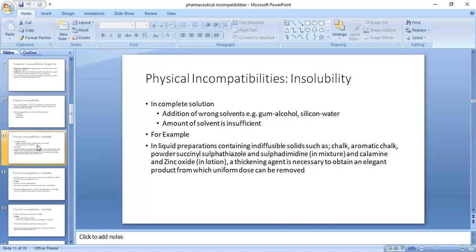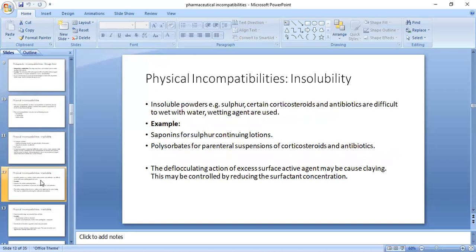A thickening agent is necessary to obtain an elegant product from which a uniform dose can be removed. As with some products, dosage forms made in the lab, you can observe their physical incompatibilities.